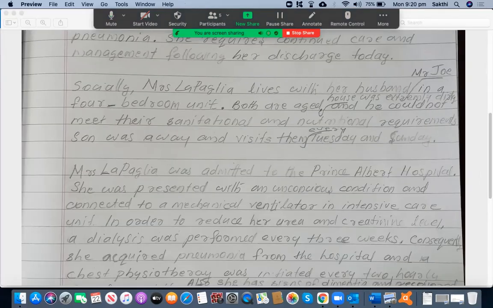Am I right? Is he still away or is he with them? No, sir, he is still away. Then you should mention that: their son is away and visits them every Tuesday and Sunday. That's all right.